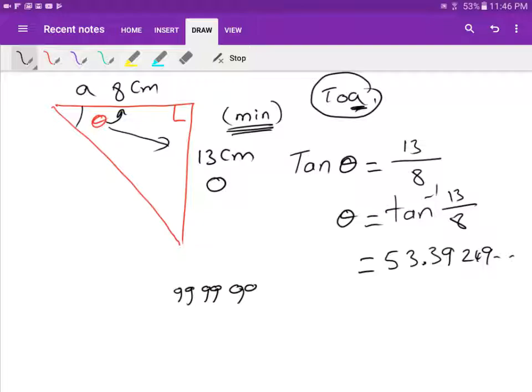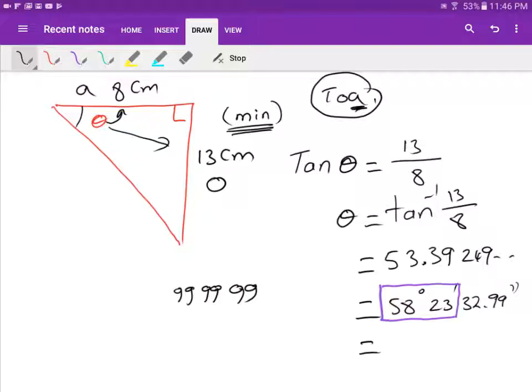If you press that button, you should get 58 degrees, 23 degrees and 32.99 seconds. That's what that meant. So if you want the answer nearer to minutes, you stop at the minutes. So you write up to here.